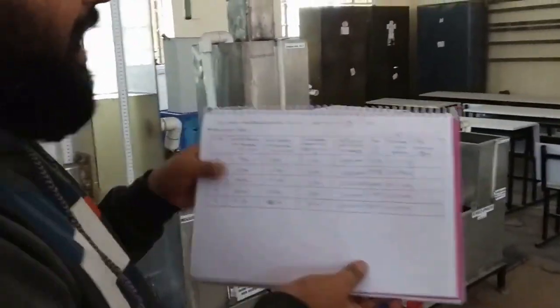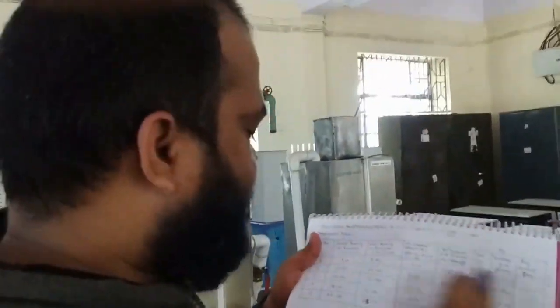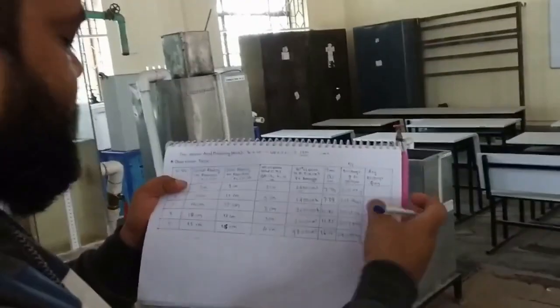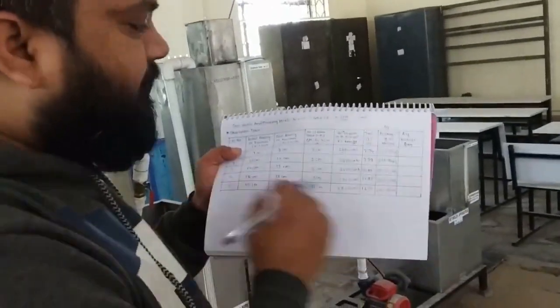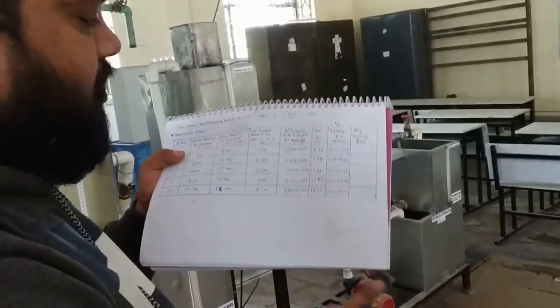Here we calculated the discharge for observation number 1 first, then for observation number 2, and similarly for 3, 4 and 5 we calculate the discharge for each particular observation.